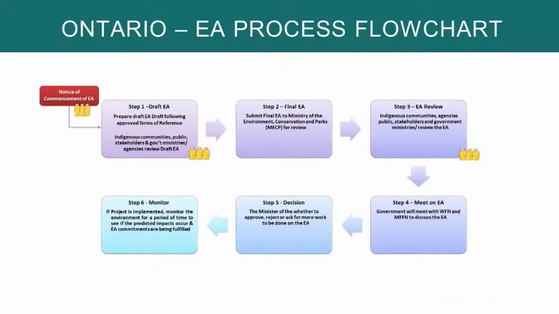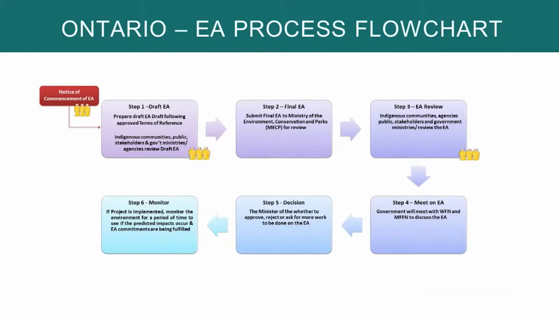The Indigenous communities, the public, the stakeholders, and government ministries and agencies review the draft EA, so it's a process of public engagement and public input. And once that's incorporated, you submit a final EA, which is step 2, to the Ministry of Environment, Conservation and Parks for review.